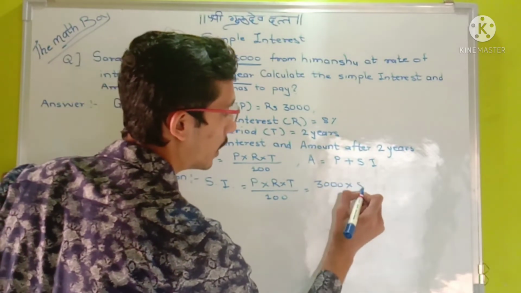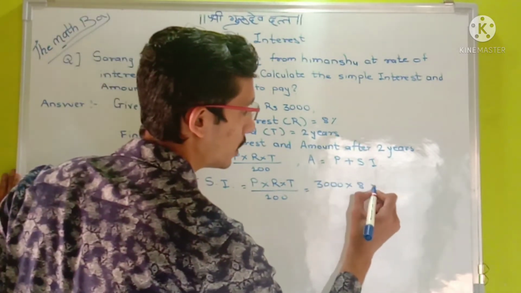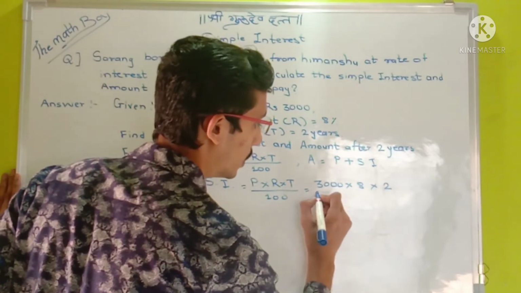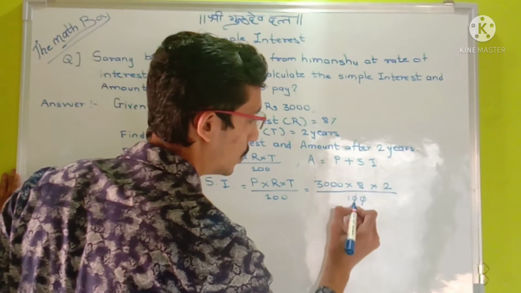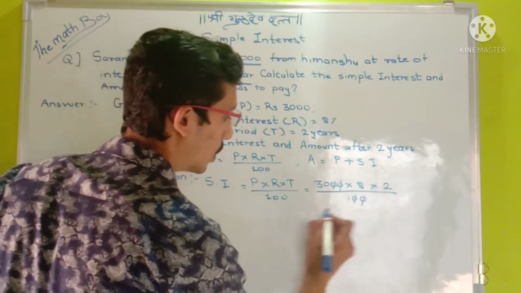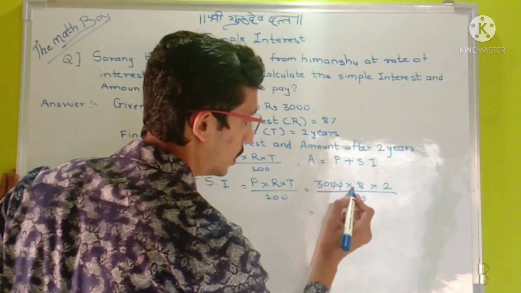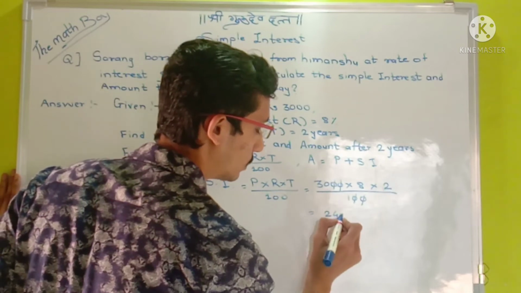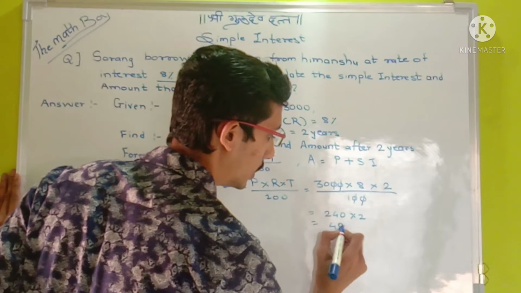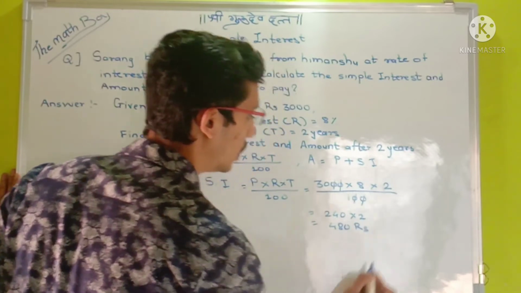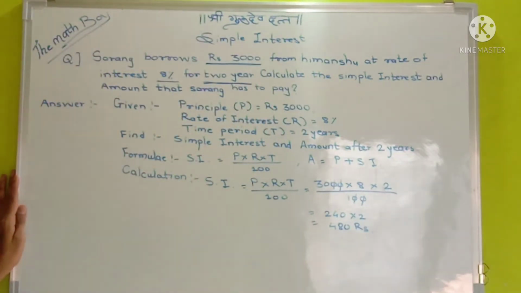What is R? 8%. And what is the time period? It is 2 years. Divided by 100. Cut the zeros. What have we got? 3 eights are 24, so 240 into 2 equals 480 rupees. We got the simple interest as 480 rupees.